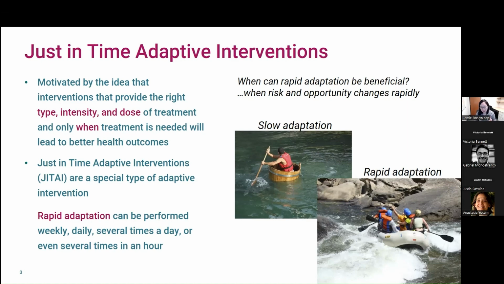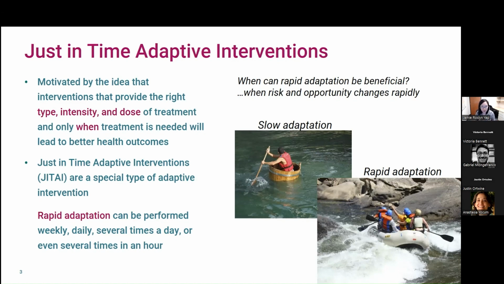So let me have another point of contrast. When can slow adaptation be beneficial? So for example, maybe you might think about a reading comprehension curriculum that some 9-year-old students will go through for one entire academic year.